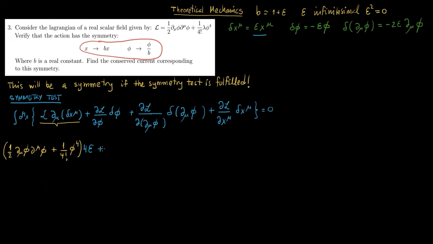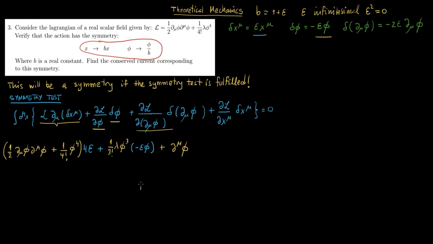Next, plus the partial derivative of L with respect to phi, but this is the only term that depends on phi, so it's 1 over 3 factorial lambda phi to the 3rd. So this is done, and now the variation of the field, but this is minus epsilon phi. Okay, now the partial derivative of L, but remember this is partial mu phi with index mu upstairs.